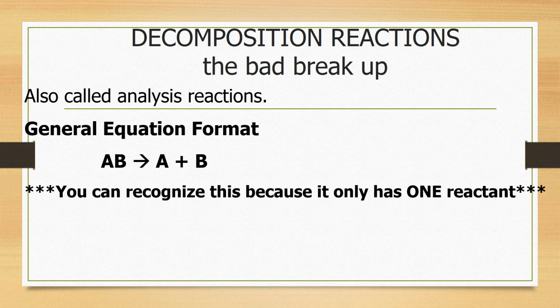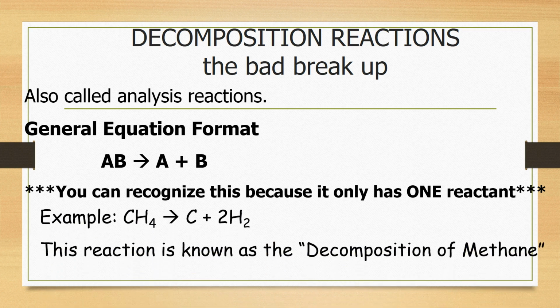So any of the synthesis reactions that I just showed you, we could flip around and break them apart. So another example would be decomposition of methane. So I have a molecule of methane, which is CH4, and it can be broken down into carbon and hydrogen.